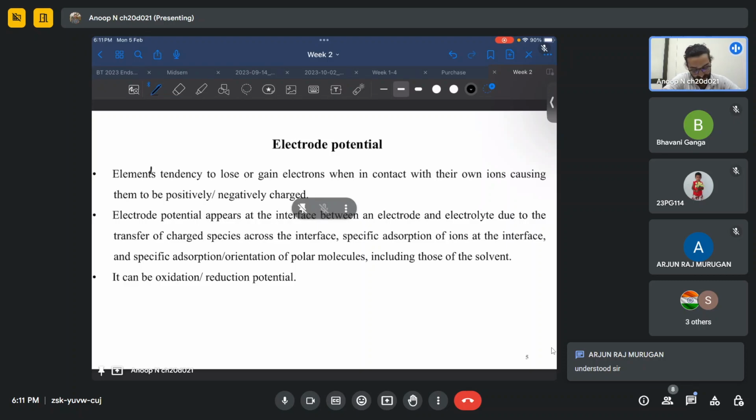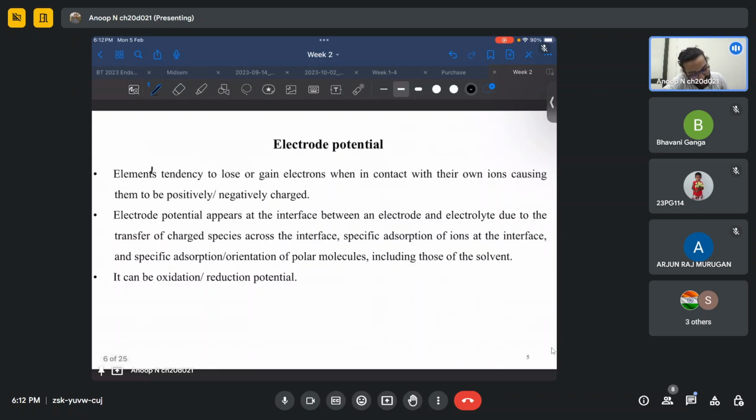So we'll just discuss what electrode potential is. When an electrode is dipped in the electrolyte, it has a tendency either to gain electrons or lose electrons. This causes it to become positively or negatively charged.